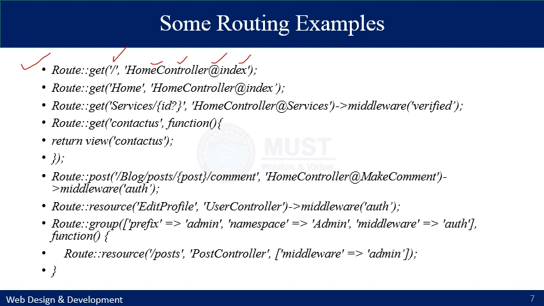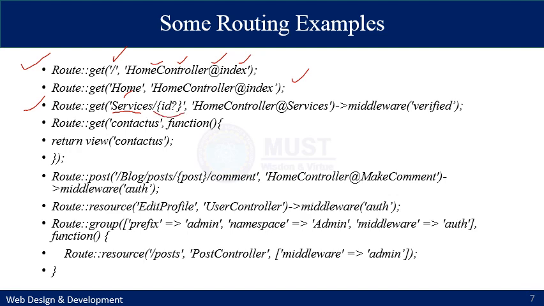Again, the next method is also a get method, and if you want to access the home URL, you have the same controller method. The next method is again a get method, and in this method we have the URL name services slash id.